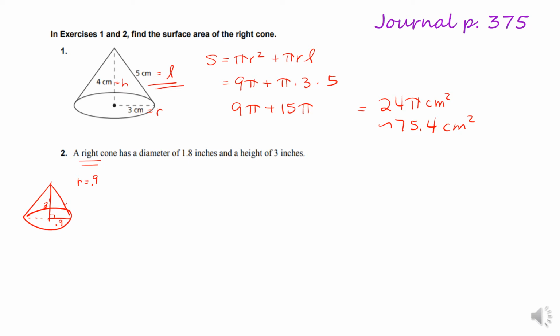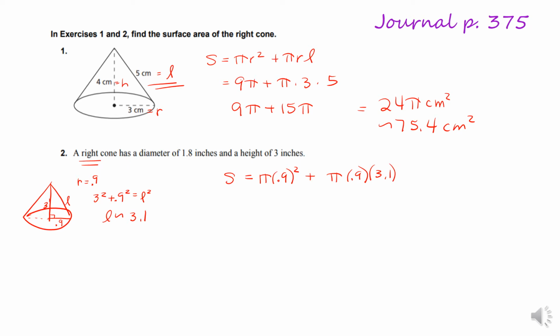Okay, so make sure that you differentiate between the radius and the diameter. Then I'm going to find L by using the Pythagorean theorem. So I'm going to go 3 squared plus 0.9 squared equals L squared. So I calculate that out, and I'm going to get L is approximately 3.1. Okay, so now I'm going to go back and do the other. Surface area equals pi times my radius squared plus pi times my radius times my lateral height, or you call it slant height.